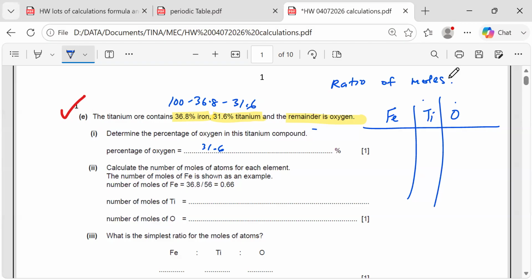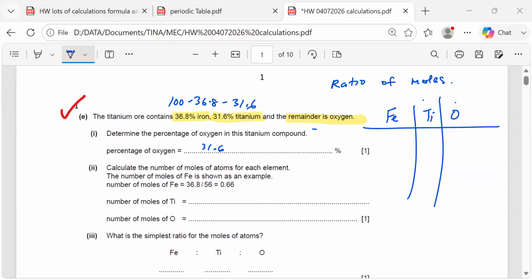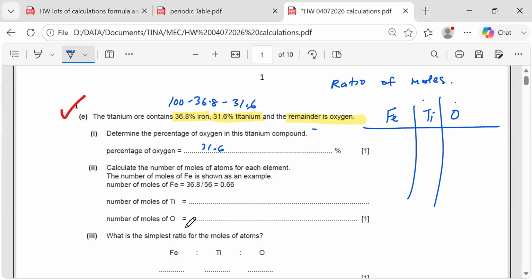Now the question. All three I gave you just now, mass over molar mass, volume over molar volume, and MV over 1000, none of it has the word percentage. What happens is this is the percentage of mass. So what we can do is take this percentage over molar mass.